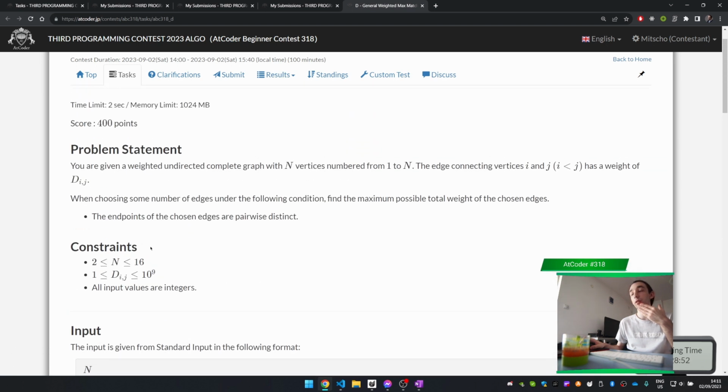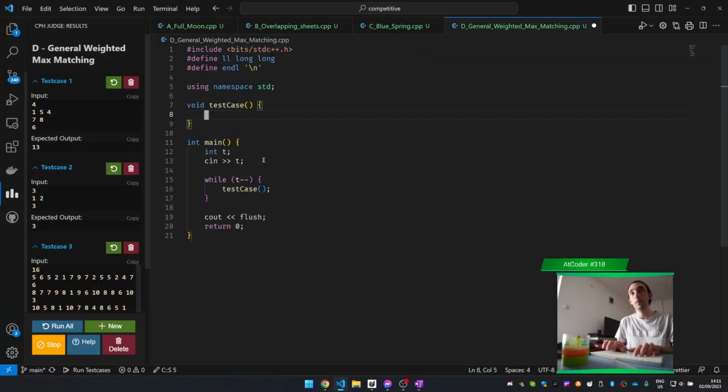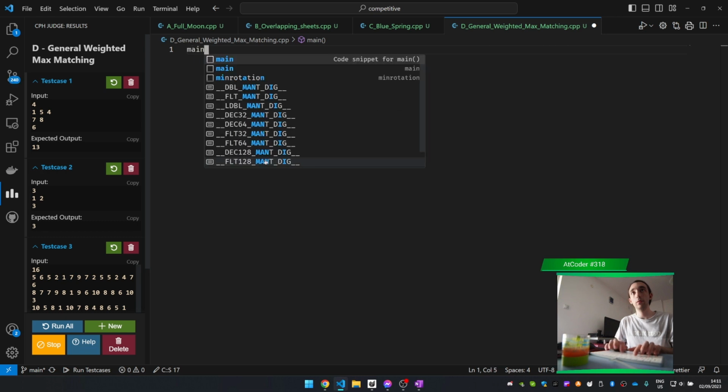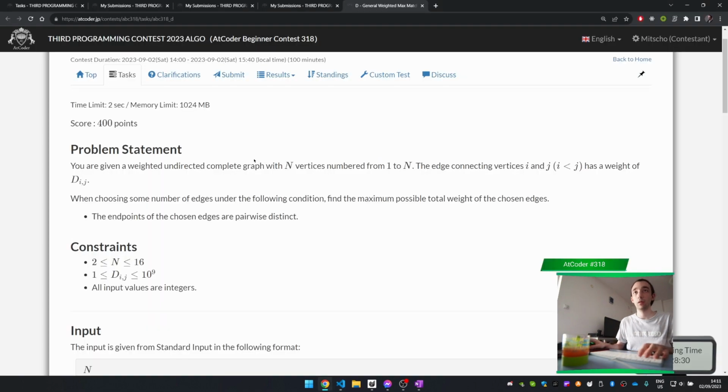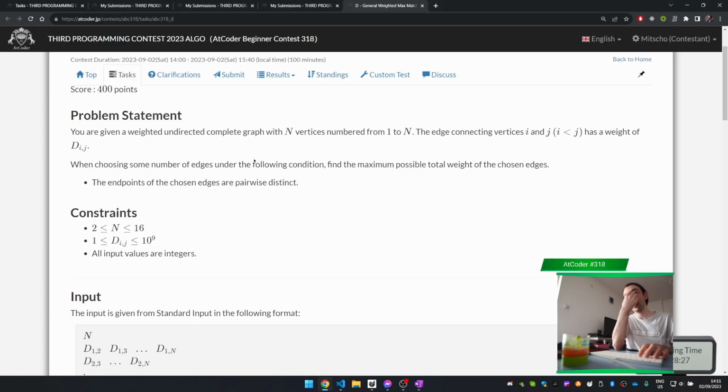There are 128 edges. Okay, so you have a matrix, right?